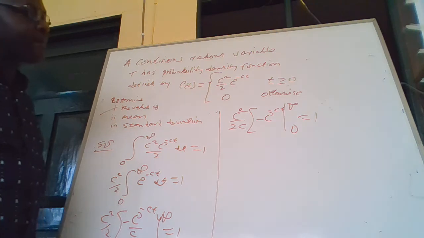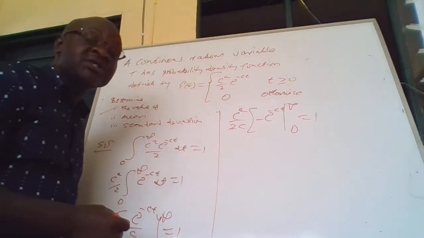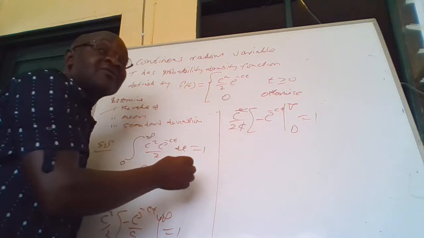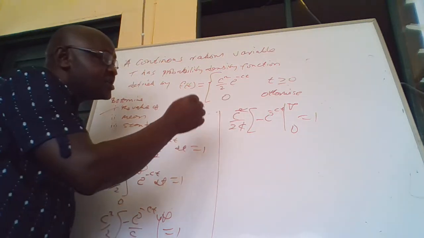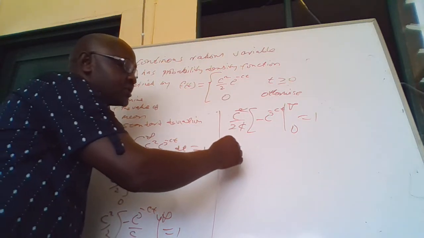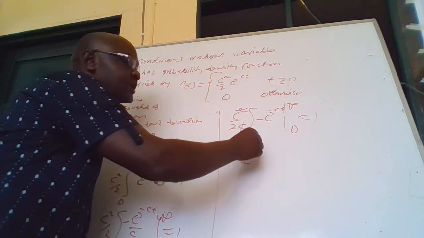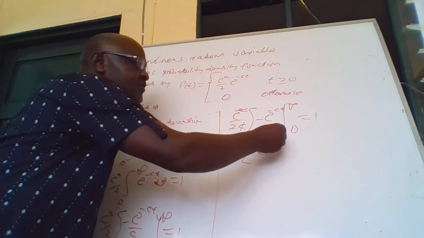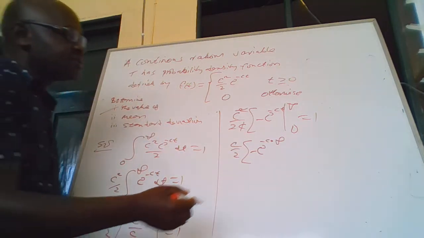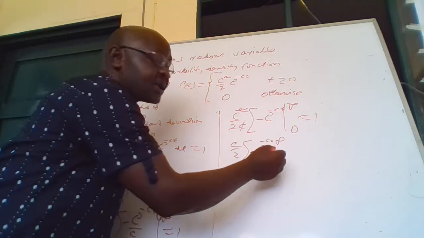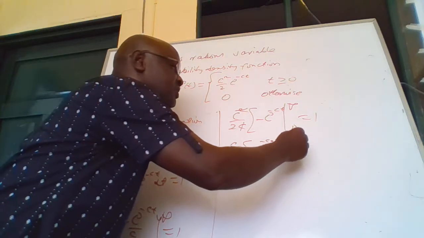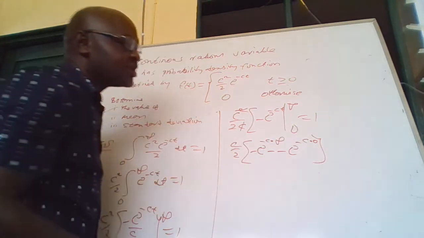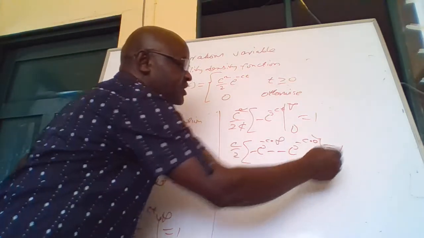This cancels one factor of c, so we remain with c over 2 times minus e^(-ct), substituting the upper limit positive infinity, then minus the value at the lower limit 0, and this must give us 1.